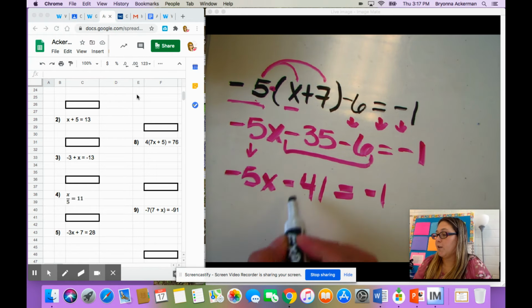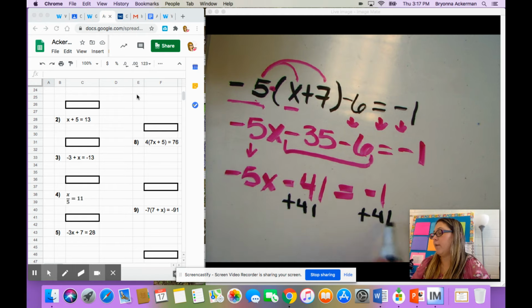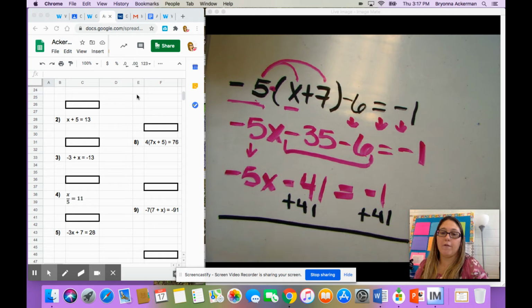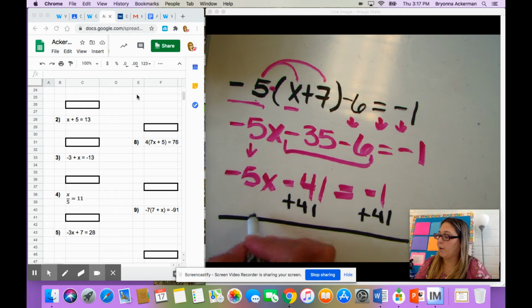We are first going to add 41 to both sides. When we do inverse operations, we're actually doing the inverse of PEMDAS also. And so instead of multiplication and division first, we're doing adding or subtracting first, because we're trying to get X all by itself.